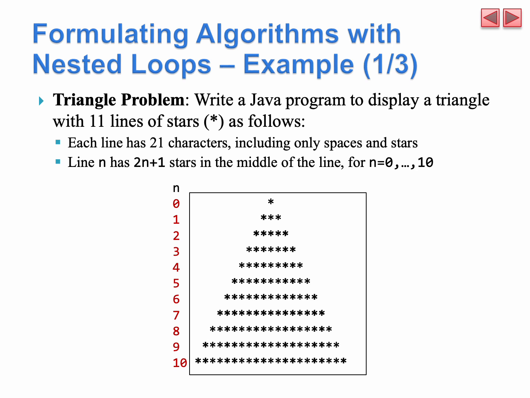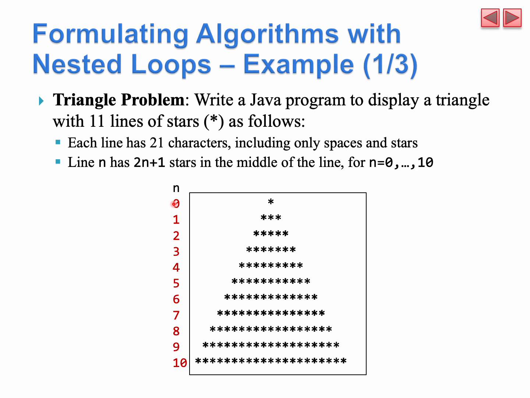Let's consider an example of formulating an algorithm with nested loops. The problem in this example is to write a Java program to display a triangle with 11 lines of stars or asterisks like this. Each line has 21 characters, including only spaces and the stars.